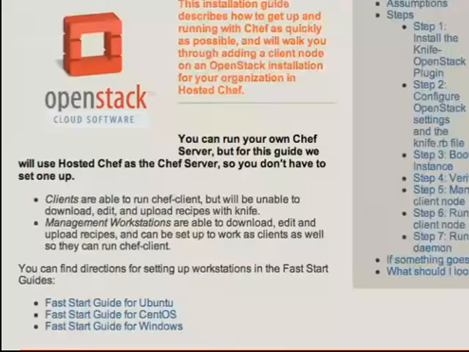The command line tool for Chef is called Knife. Knife is an API tool. It talks to our API. We can do things like knife node list, and I can get a list of all the nodes that are currently available on my system.